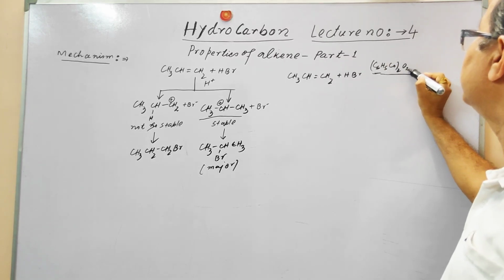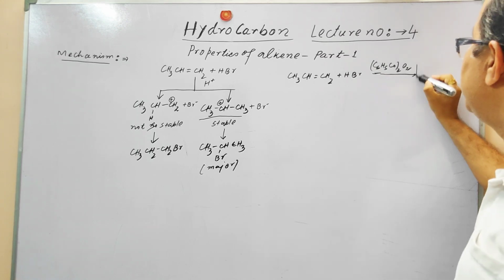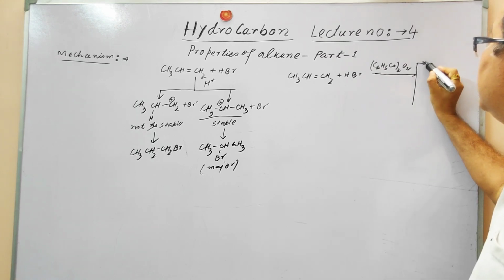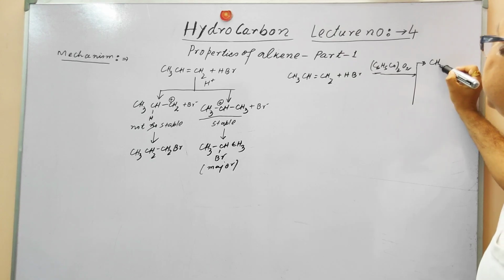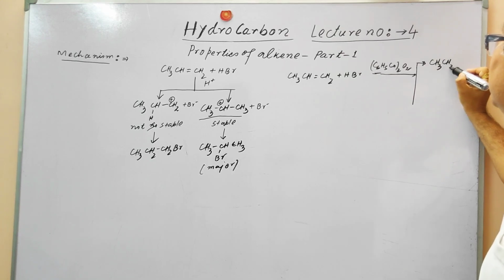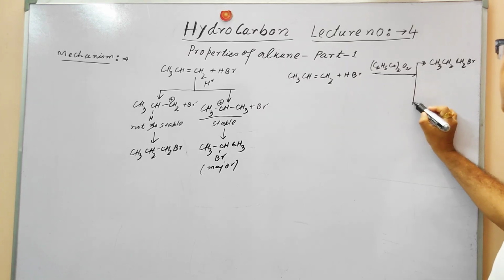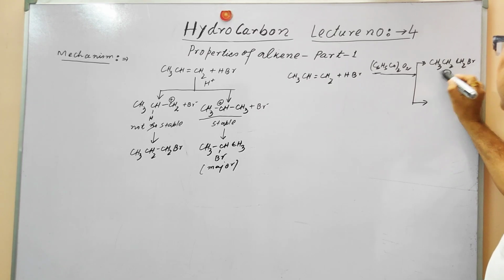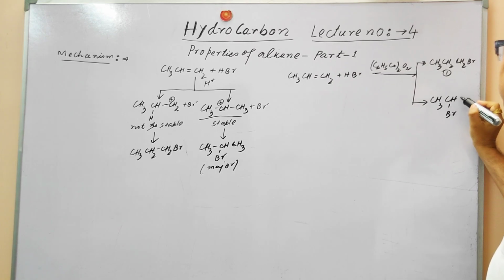This is benzoyl peroxide. When you take this benzoyl peroxide, it is going to produce two products, that is, CH3CH2CH2Br, that is 1-bromopropane, and this is also going to produce this CH2.